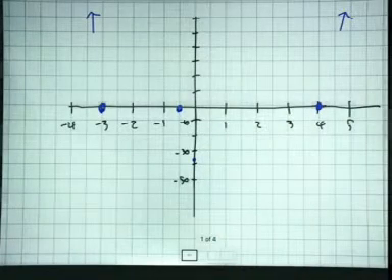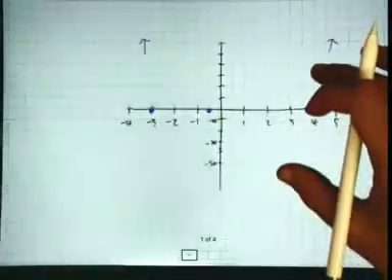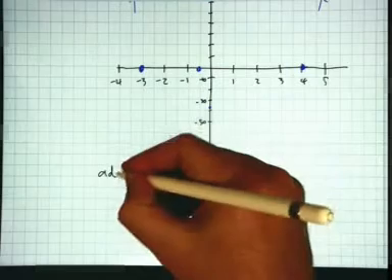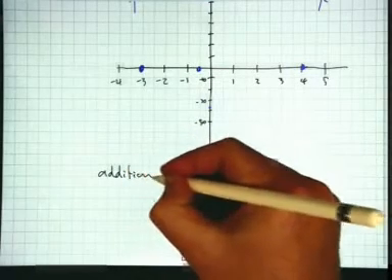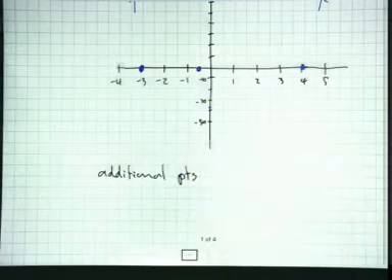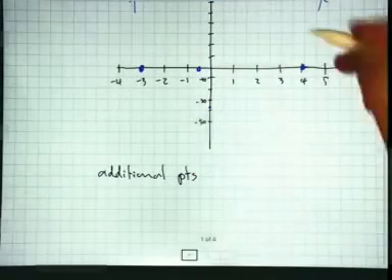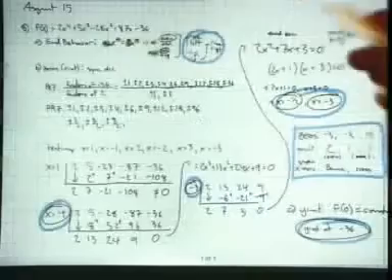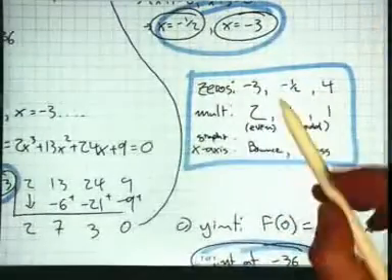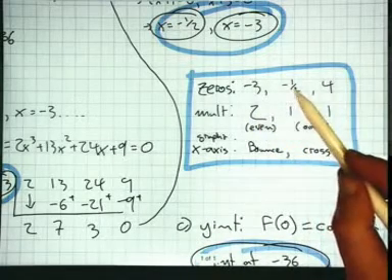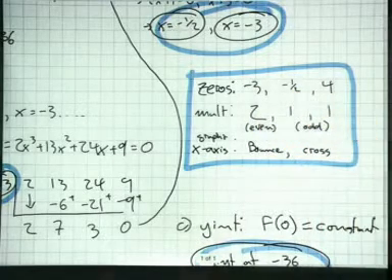Now, at this point, I want some other values, additional points. Actually, before we do the additional points, let's go back real quickly and look at our multiplicities. At negative 3, the graph is going to bounce, and at negative 1/2 and 4, the graph is going to cross.